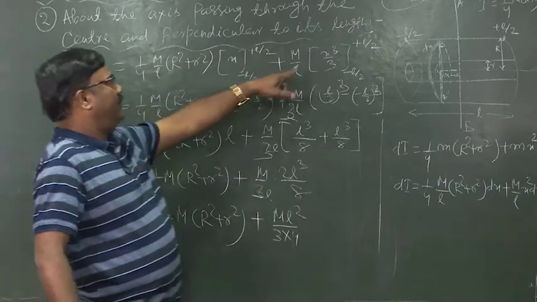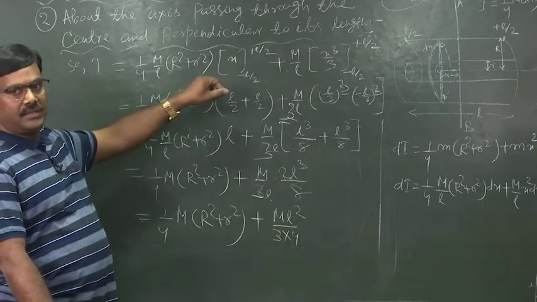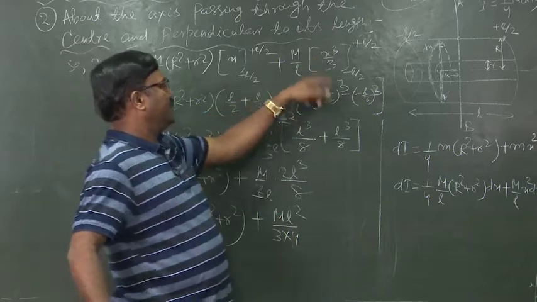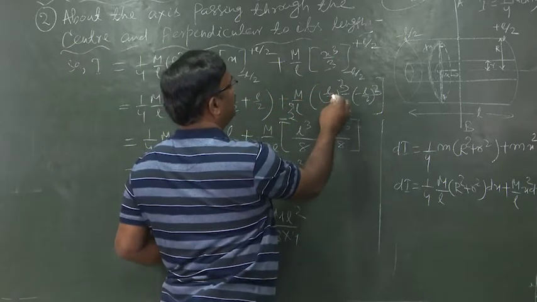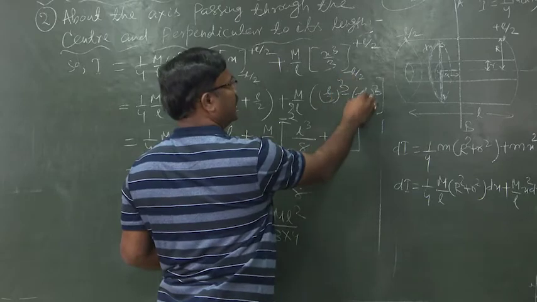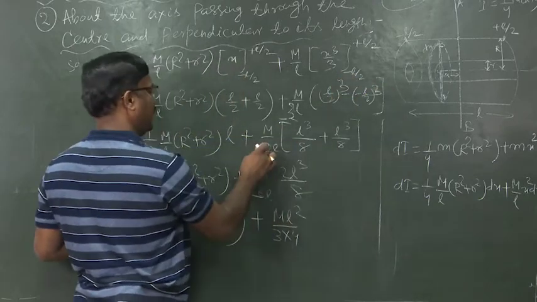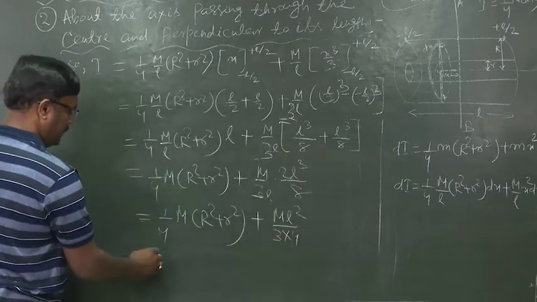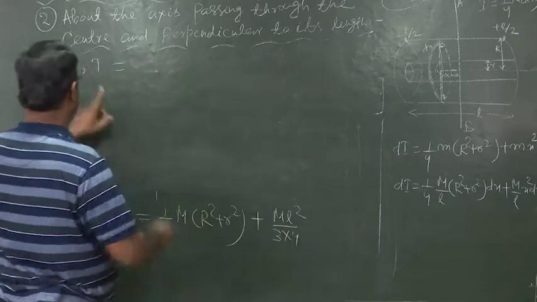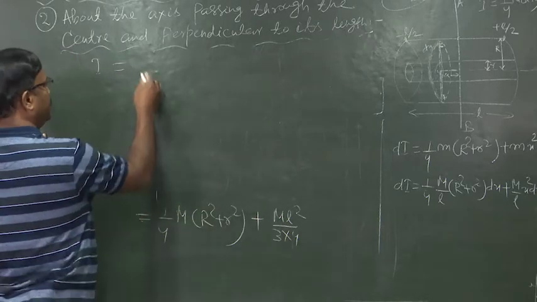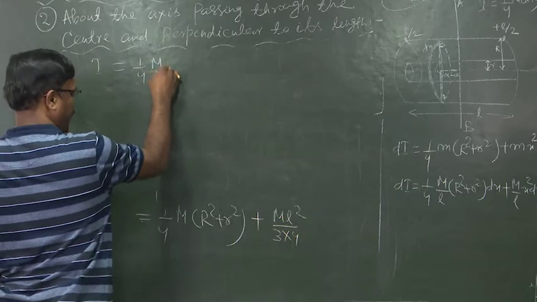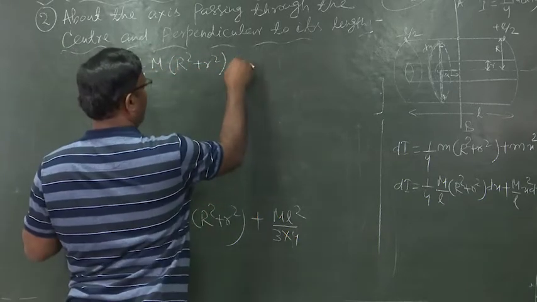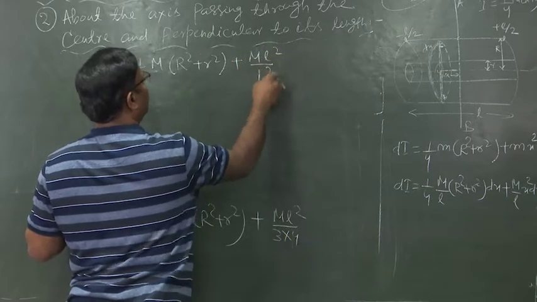Once again, when we integrated x square dx, it will be m by L, x cube by 3, 1 by 3 is taken outside. So, it will be L by 2 whole cube minus minus L by 2 whole cube, and finally we get I is equal to 1 by 4 m into r square plus r square, plus m L square by 12.